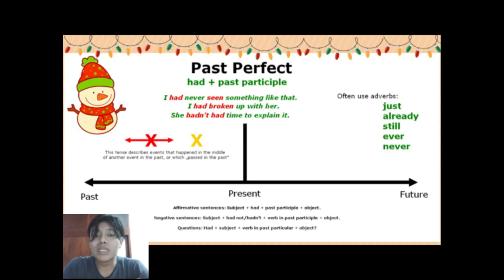For example, with the regular verbs, we only add the ed at the end of the verbs, but with irregular verbs, we are going to remember how these verbs are in past participle. Okay.